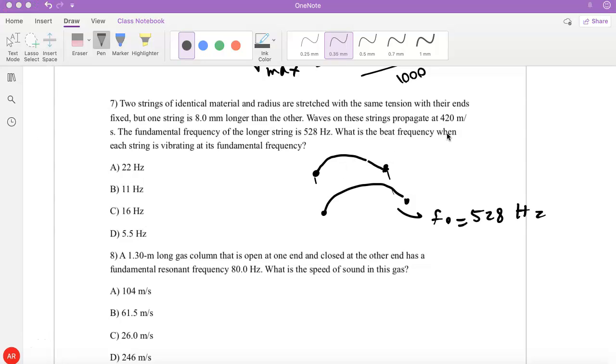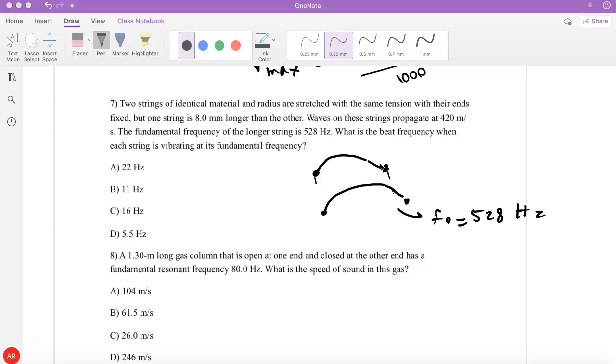We know the speed of propagation, we know the frequency of one, and we know the difference between the lengths, so we're going to know the difference between the wavelengths, right? Because the length is just half the wavelength in each case. So we know the difference between the two wavelengths, we know the speed, we know the frequency of one, and then we want to figure out the difference between the frequencies.